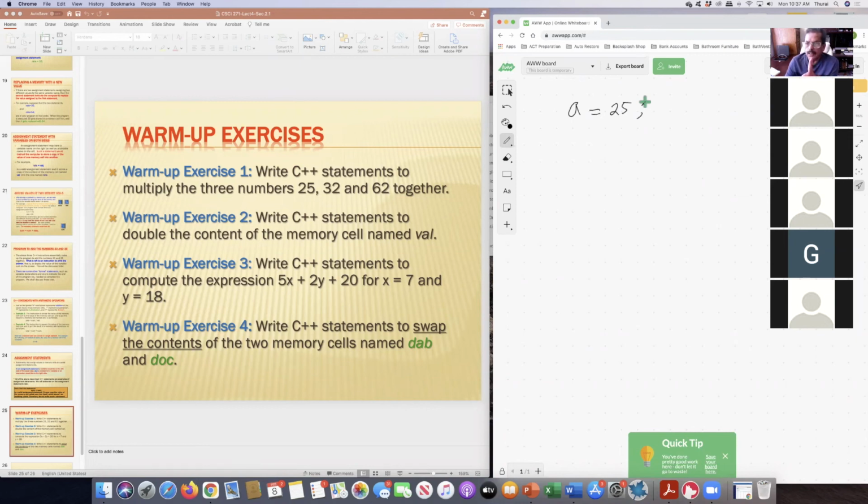You need to write one instruction per line, so A equal to 25 is one instruction right there. I write B equal to 32, semicolon. C equal to 62, semicolon. Now to put the answer, I can make the variable ans equal to A times B times C, semicolon. Right there, that's the program.